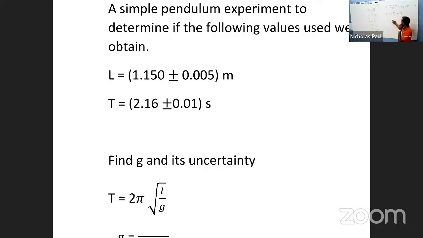So this is 9.73 by, what's the error in L again? 0.005 all over 1.15 plus 2 by 0.01 over the T. Remember, if you do this and you get a value bigger than G, something is wrong, right? 0.13. Anybody else get that? 0.13? Yeah, 0.13.